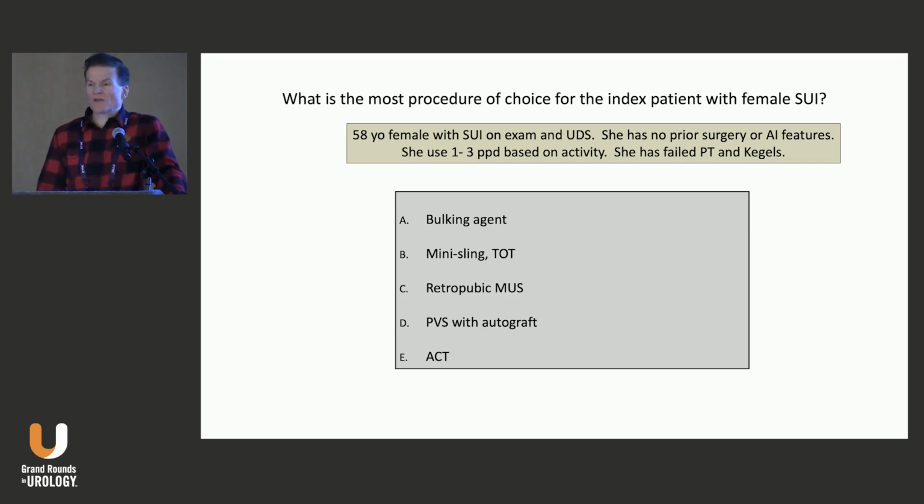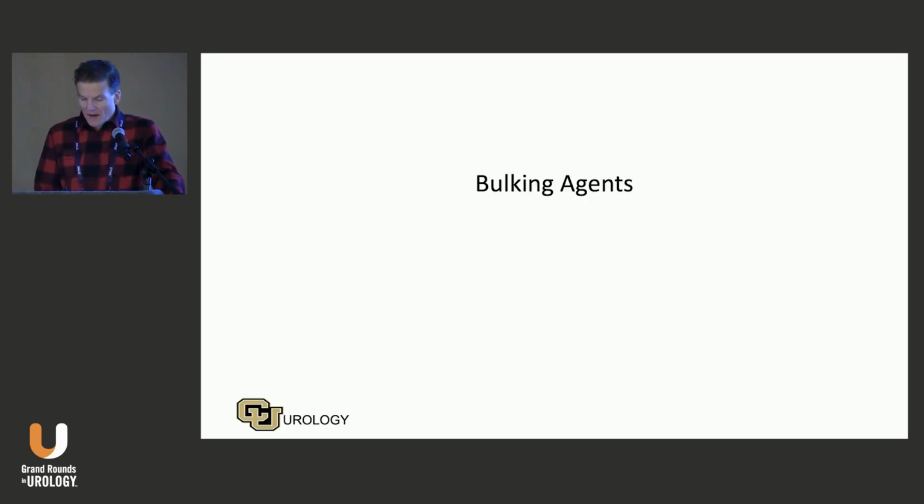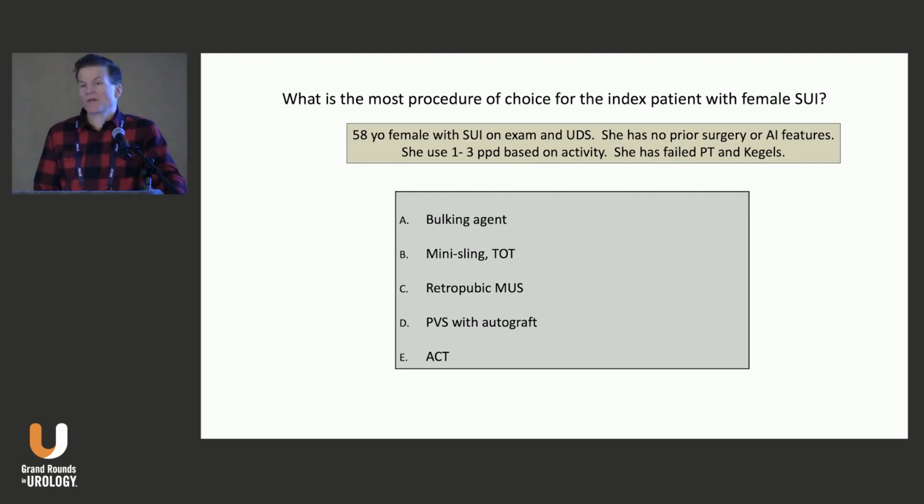Autologous pubovaginal sling? Maybe. ACT? Okay. Okay, good. So we'll go back to this slide later and see what the opinions are. And I easily could say 1, 2, and 3 are very reasonable. I think D&E would be more for that more severe patient.